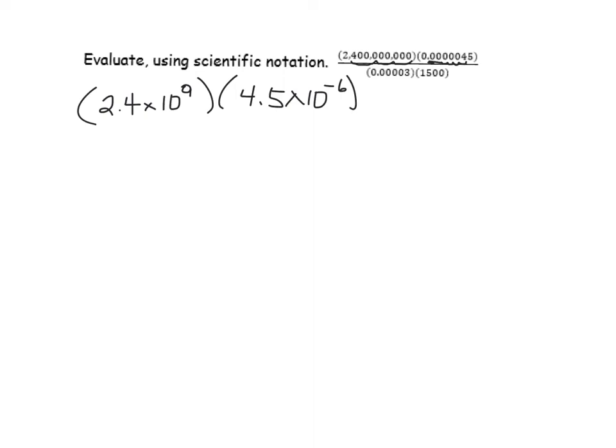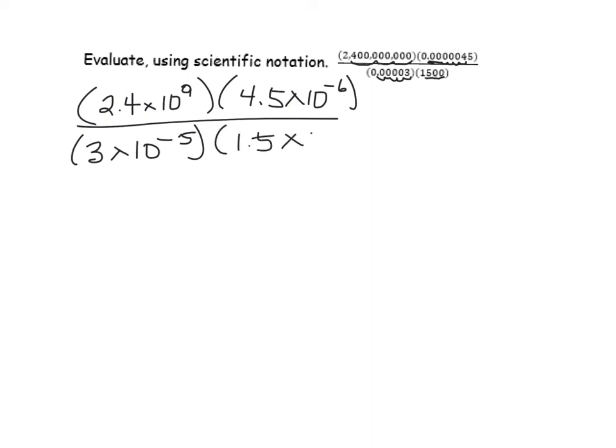In the denominator, we have another small number, 1, 2, 3, 4, 5. So then that's 3 times 10 to the negative 5th. And then that last one, 1, 2, 3, 1.5 times 10 to the 3rd.